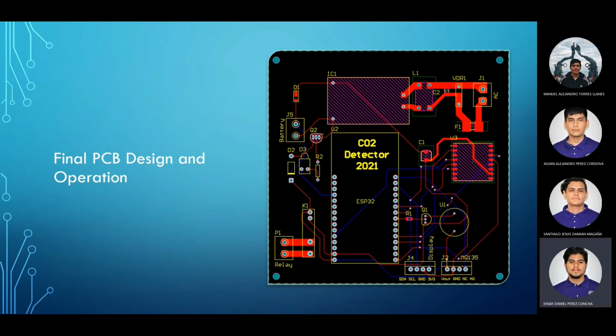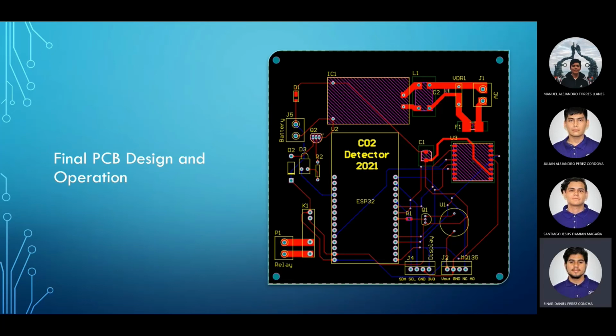We have the AC to DC section in the upper part, and the battery on the left part, and the relay as well. All of our headers or GST connectors are on the edges of the PCB for better accessibility. You can see as well that the ESP is pretty much in the middle because it's the main microcontroller that will be controlling all the sensors and actuators.